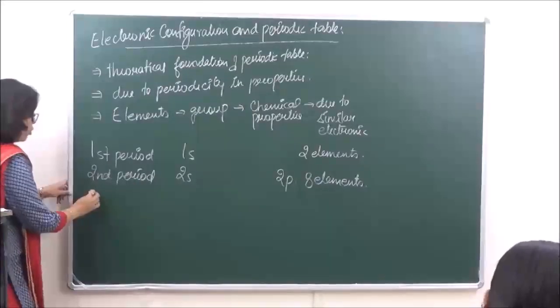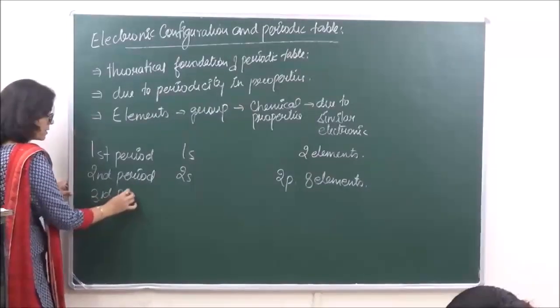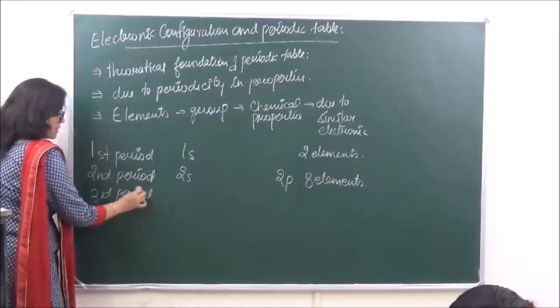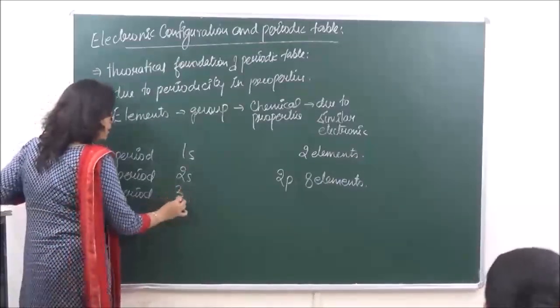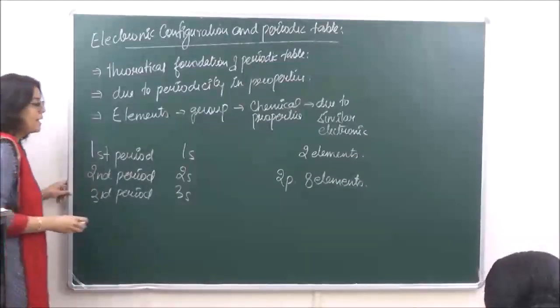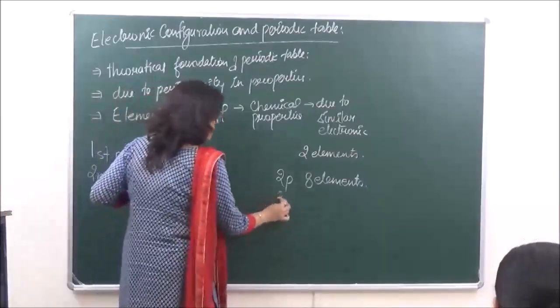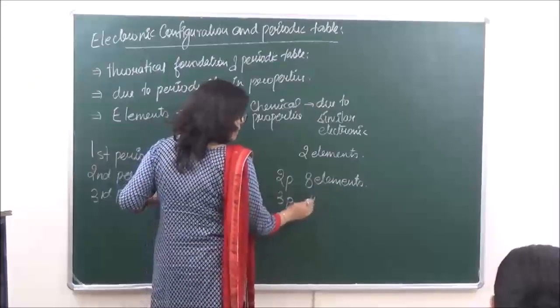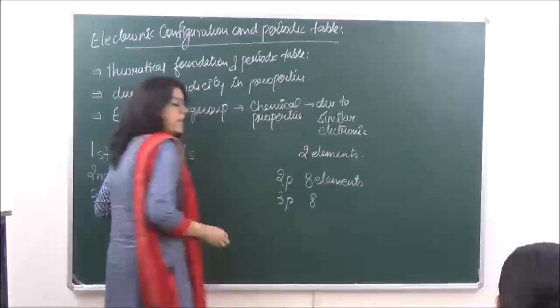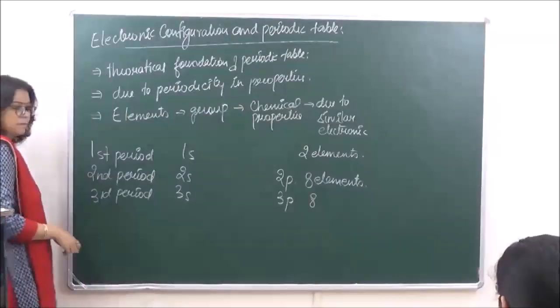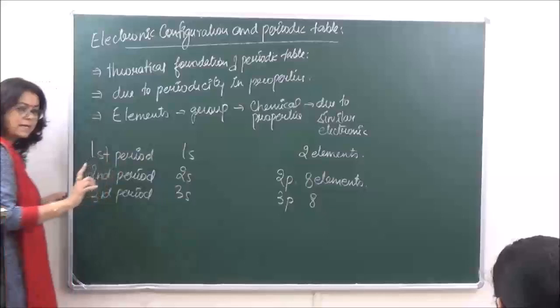Right? Then when we go to the third period, we will fill 3s and we are going to fill 3p. So the third period also consists of 8 elements. 2 and 6, that is 8.